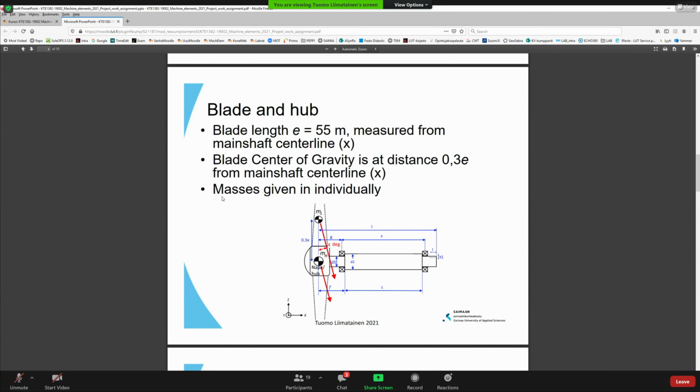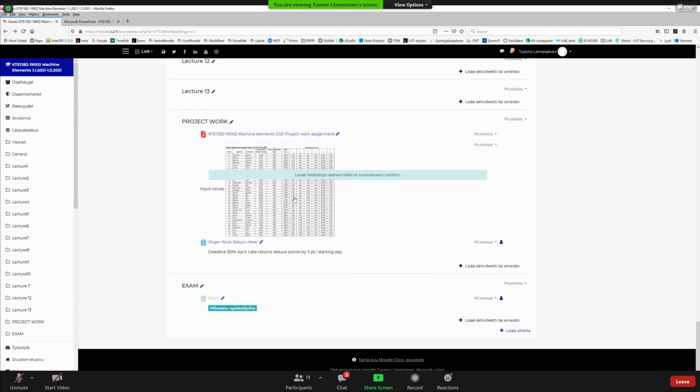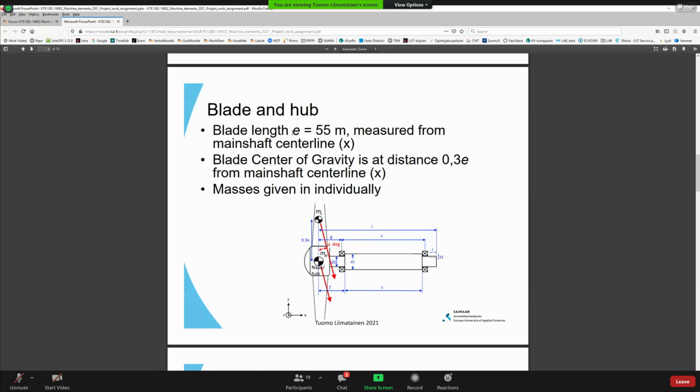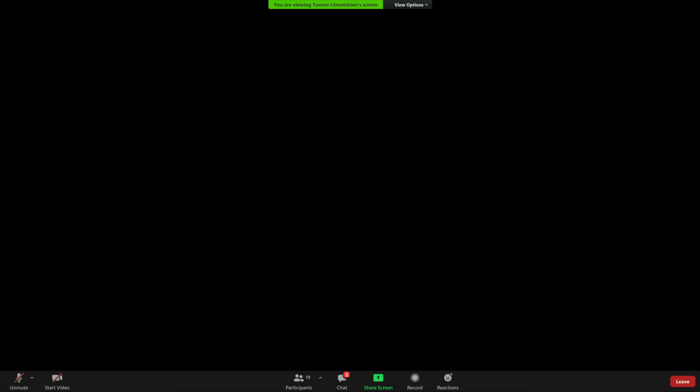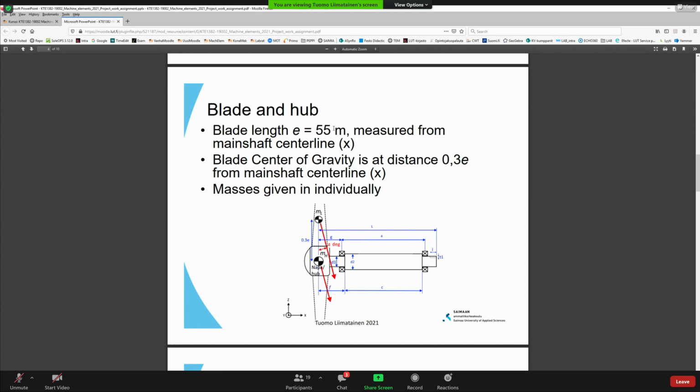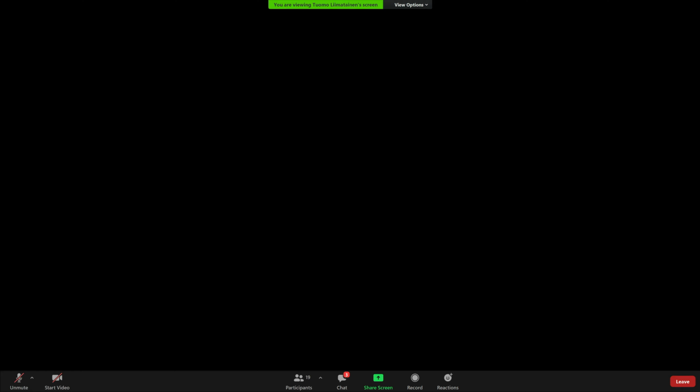And also what you need to know is that your blade length, did I change it? Yeah, I changed the blade length, so I need to change it here as well. E was now 60 meters. So I will change this in the presentation.